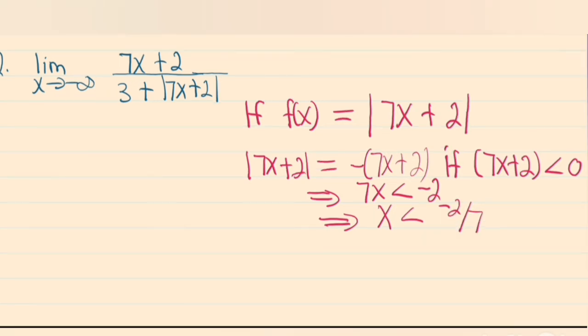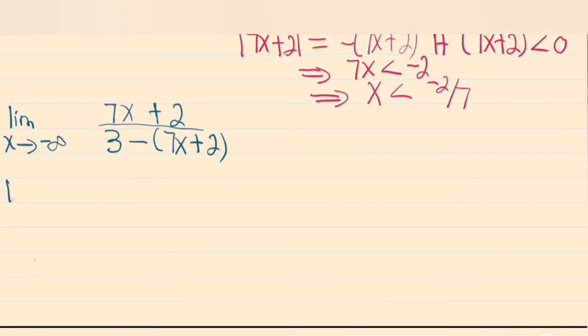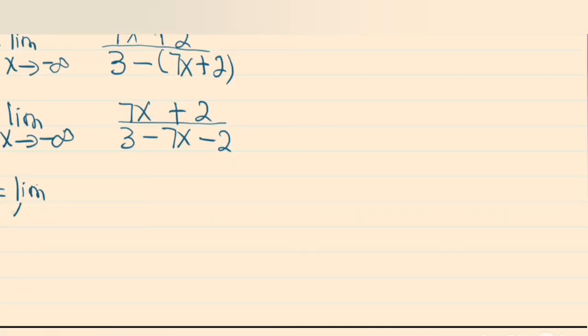So our equation becomes the limit as x approaches negative infinity of 7x plus 2 all over 3 minus 7x plus 2, which equals the limit as x approaches negative infinity of 7x plus 2 all over 3 minus 7x minus 2, which equals the limit as x approaches negative infinity of 7x plus 2 all over 3 minus 2 is 1 minus 7x.